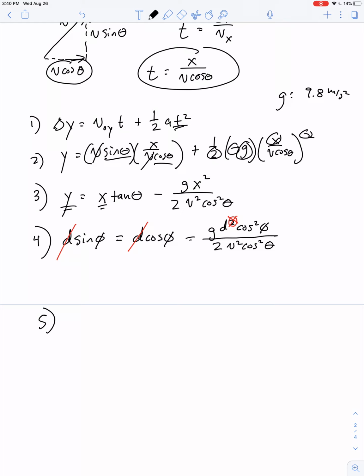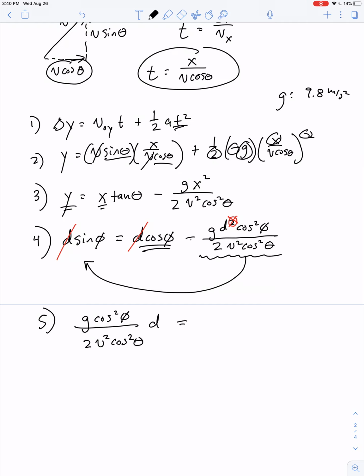Since this is negative, we can bring this whole term to the other side of the equation, and just a little rearranging here, we get g times cosine squared phi, all divided by 2 v squared cosine squared theta, all multiplied by d. So that's a representation of all of this brought to the other side of the equation, equals, and then we were left with cosine phi, and of course then I had to bring sine phi to the other side of the equation, so minus sine phi.